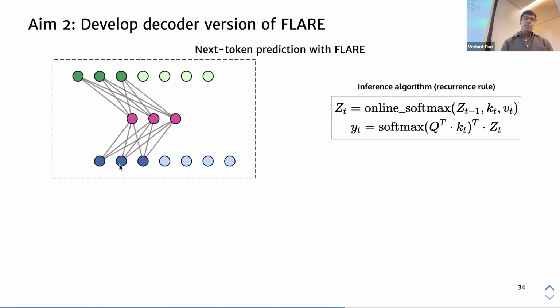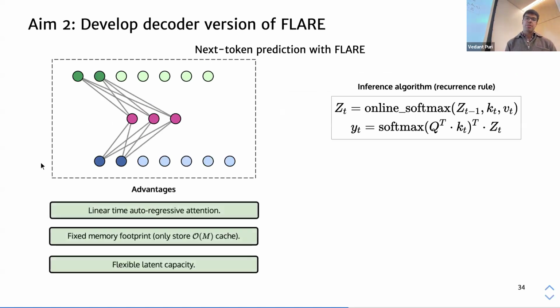So with that in mind, we propose a decoder version of FLARE whose key advantage is that it does not have this large memory bottleneck. Instead, FLARE would only need to save O(M) tokens in its online inference stage.